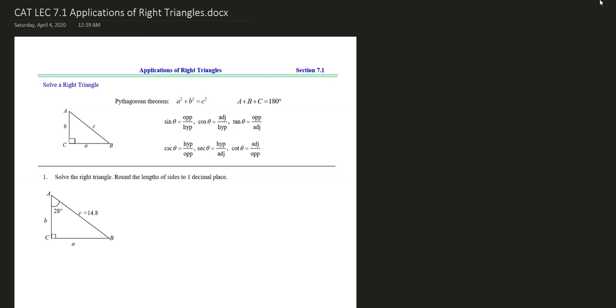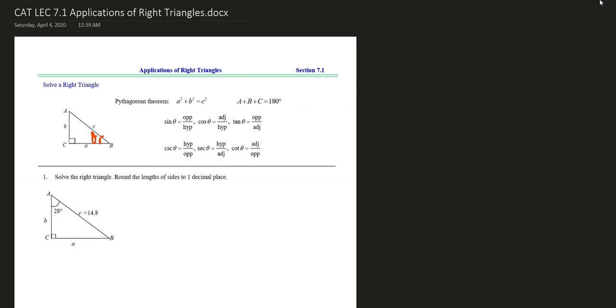If we consider angle B is the acute angle we are considering for the current situation, then AC will be the opposite and BC or CB will be the adjacent side. Okay, so these are the things that we need to know before starting to solve the first category problem.